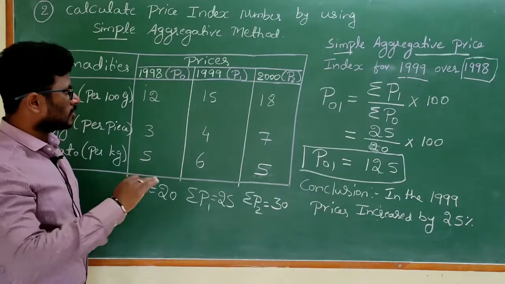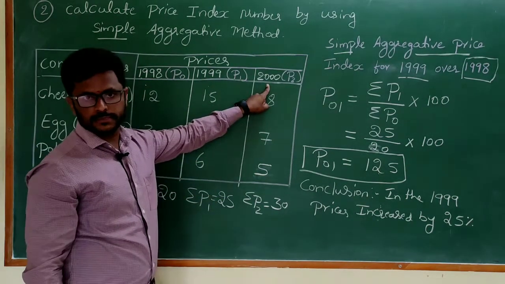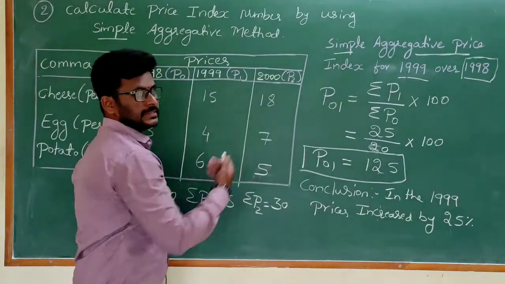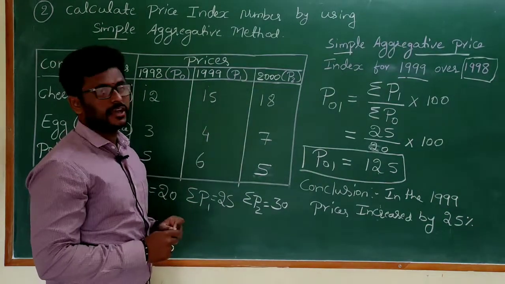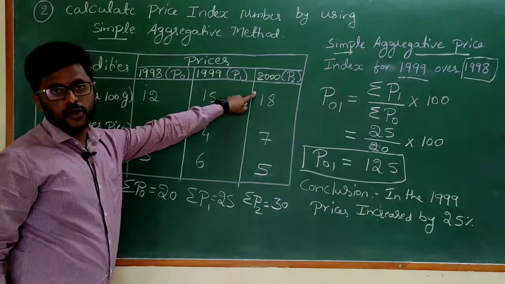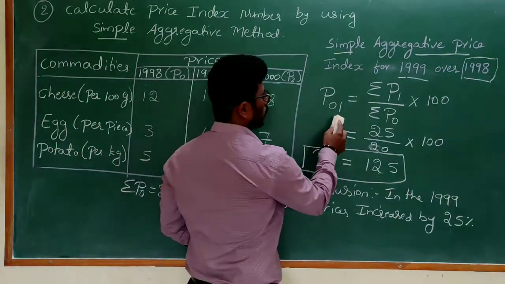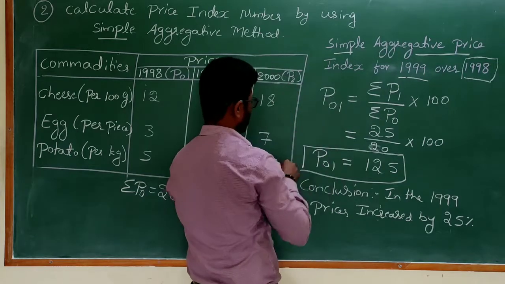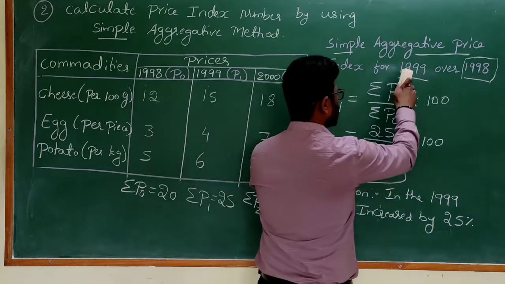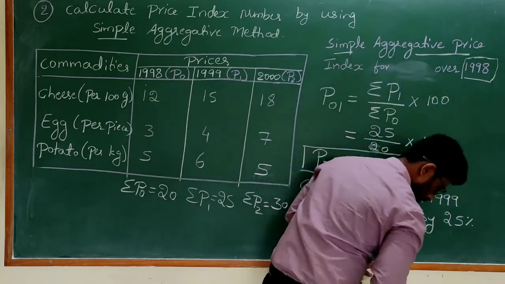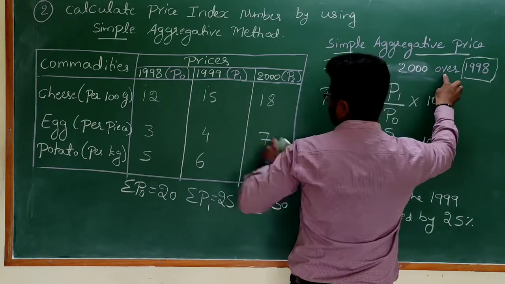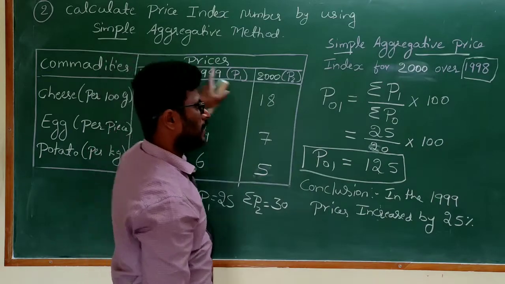In this problem they have given one more current year, that is 2000, so we denote it as P2. We can apply the formula as it is, but the current year variation will be applied. So let us solve for 2000 prices. Same calculation here. Simple aggregative price index for 2000 over the same base year 1998.